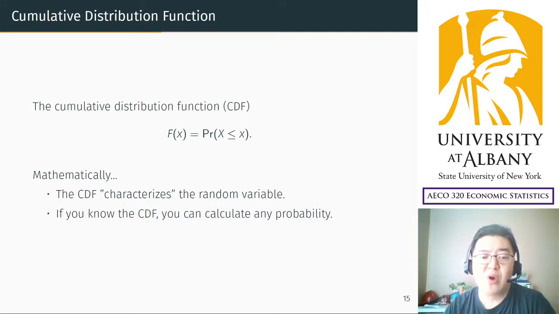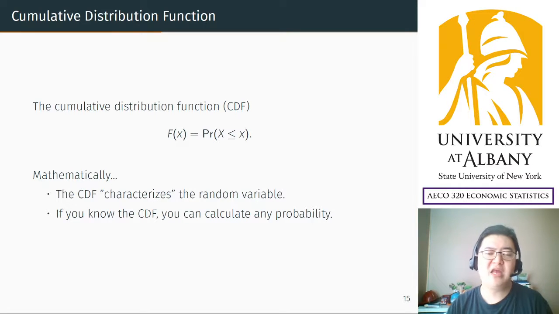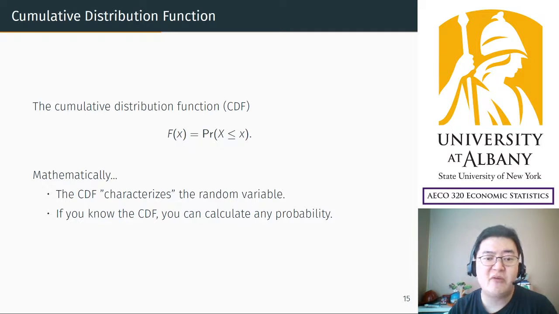It also implies that if you know the CDF of a random variable, then you can calculate any probability from the CDF. So it contains all the information of the random variable. It's mathematically very, very important, and we are going to use the cumulative distribution function as the starting point of a probability definition.